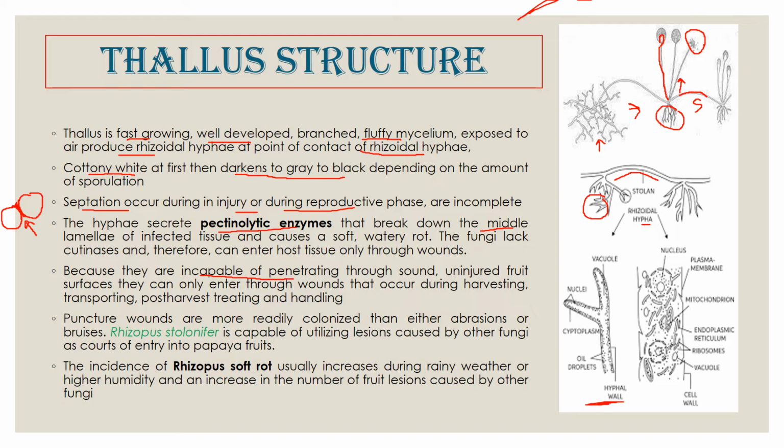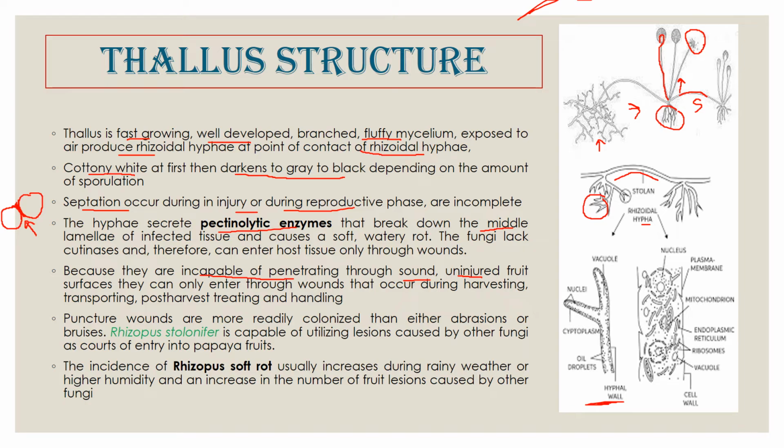They use only pectinolytic enzymes, and just because they are incapable of penetrating through the cell wall, they cannot attack any intact fruit, any sound fruit that is uninjured. But if there is injury during the post-harvest handling of the fruits, especially soft fruits like, for example, strawberry and papaya, they enter.